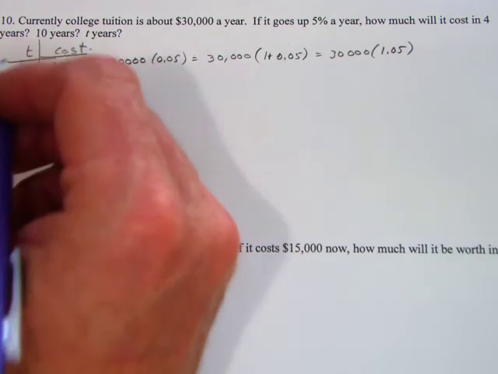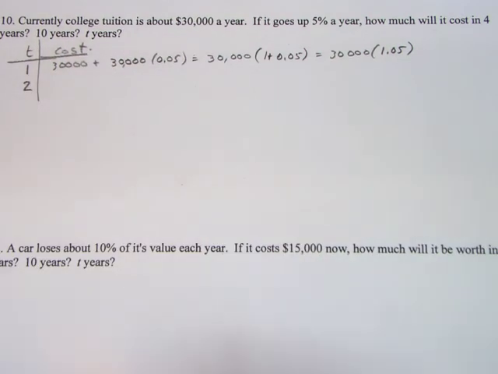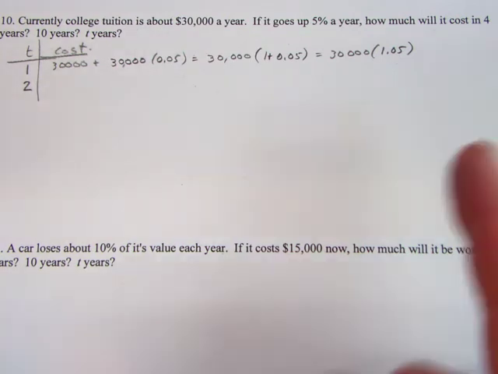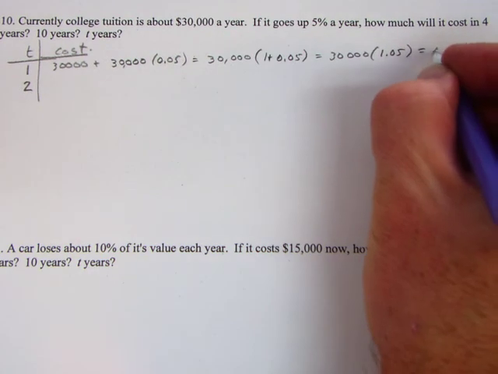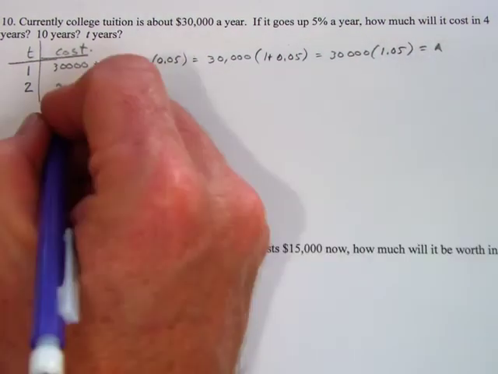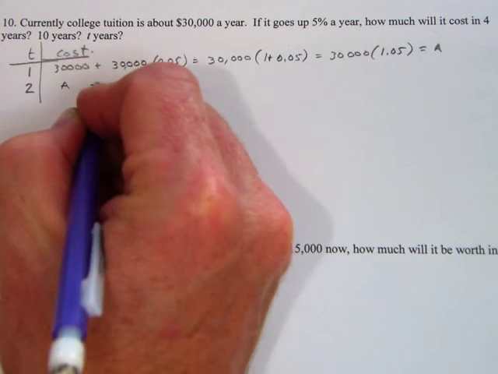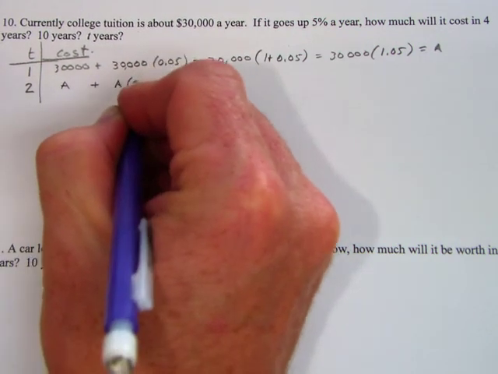Let's take a look at how much I would have in the second year. Well, it's going to go up 5% from what I had in the previous year. So if I call this thing A, then this is going to be that amount, A, plus 5% of it.